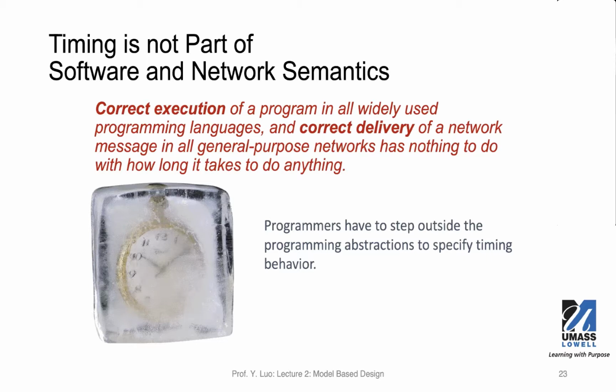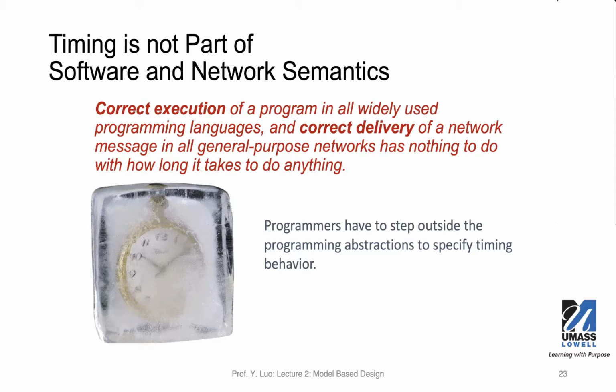As a result, when you don't concern yourself about time, the program will produce the expected deterministic result. But when timing comes into play, for example, when you have multiple threads or multiple programs running and they share variables, and when you send messages over a network, which has delays, and that gets things out of order, your results are often non-deterministic.